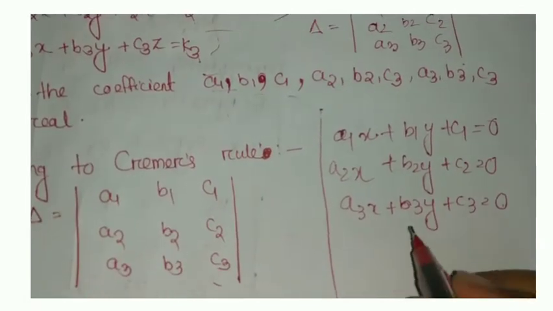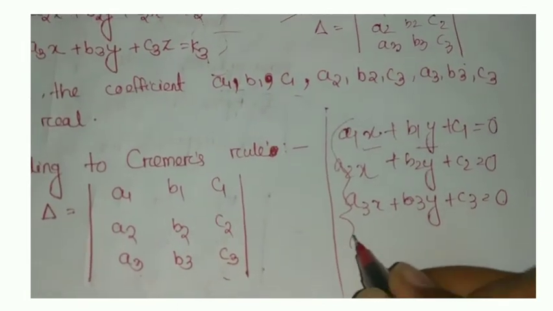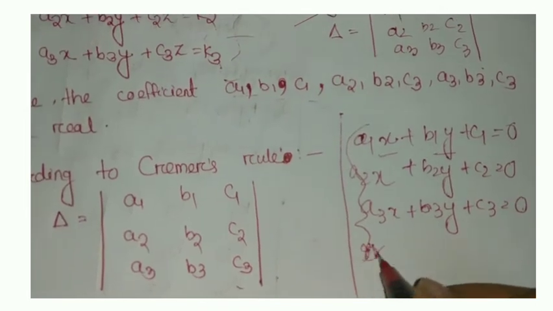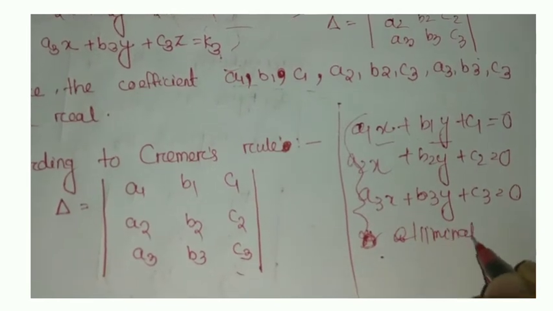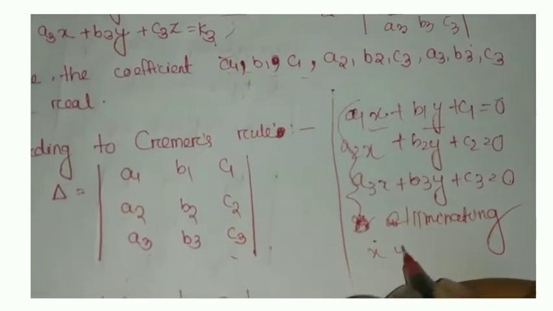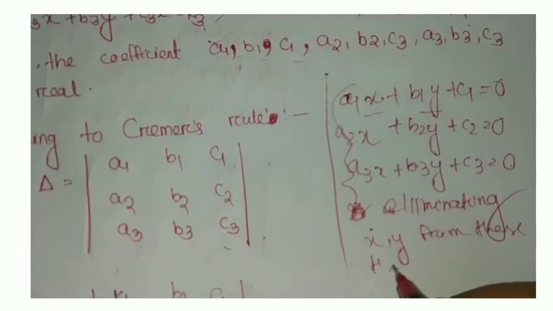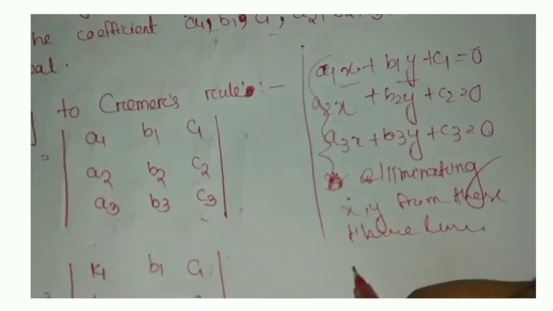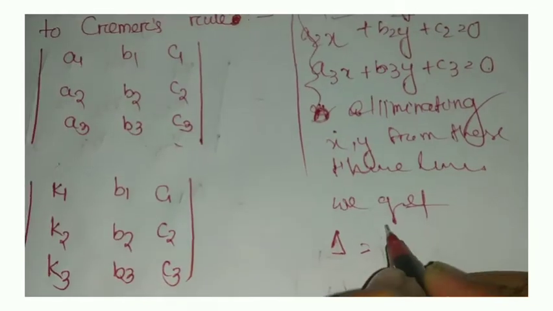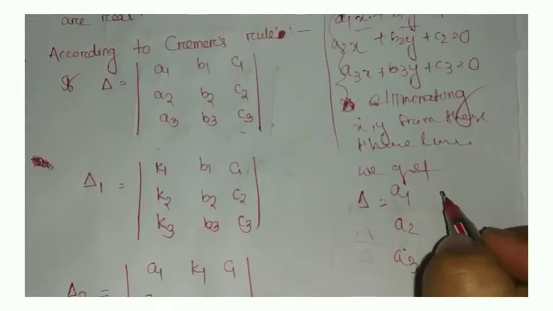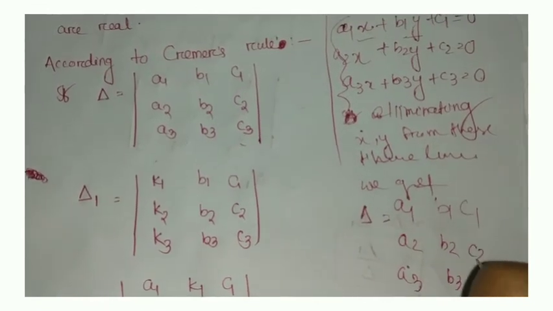If we eliminate x, y from these three linear equations, we get the determinant del equal to a1, a2, a3, b1, b2, b3 and c1, c2, c3.